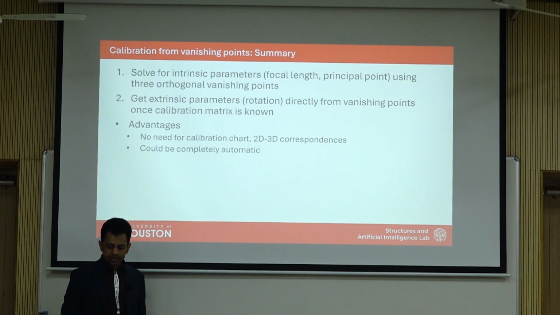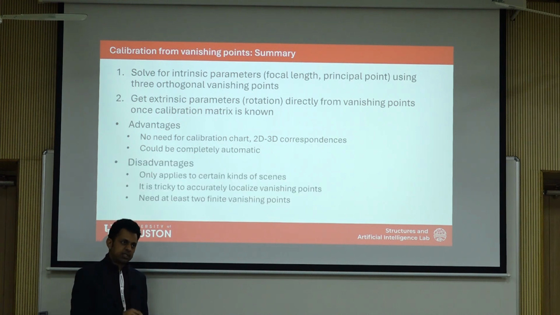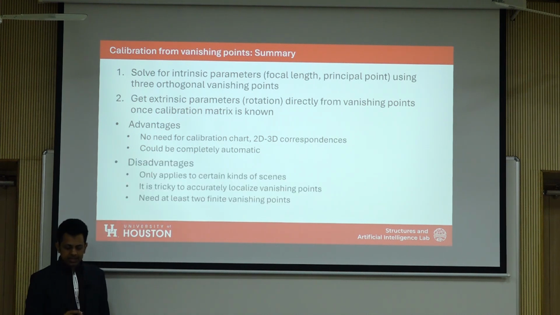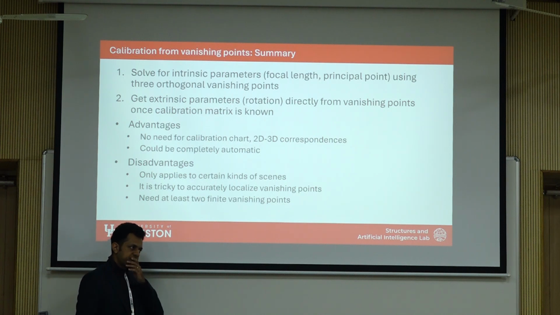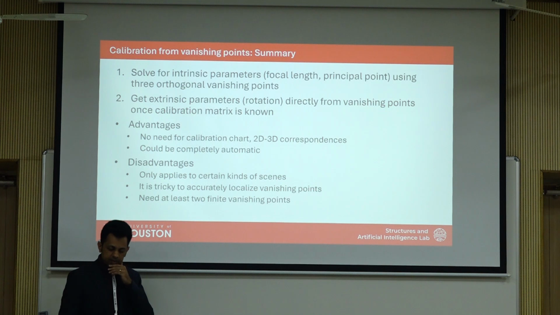You can automate this, but it only applies to certain kinds of scenes. It's tricky to accurately localize these vanishing points, and you need at least 2 finite vanishing points. In most cases, even if you think that your image is aligned, there's a chance that it's not, in which case you will have some finite vanishing points always.